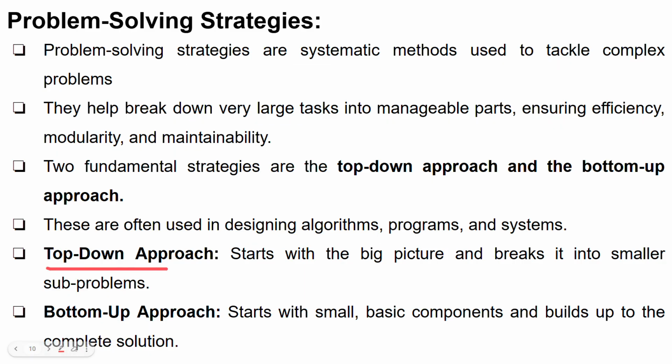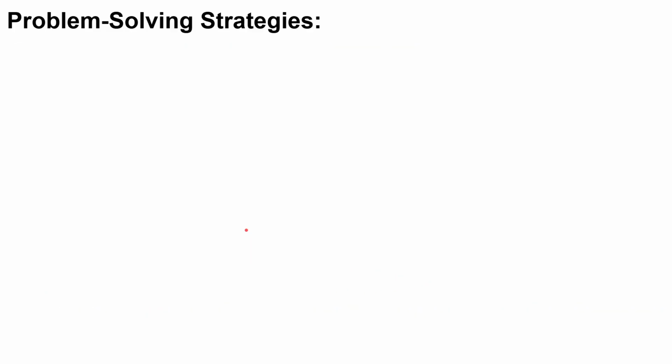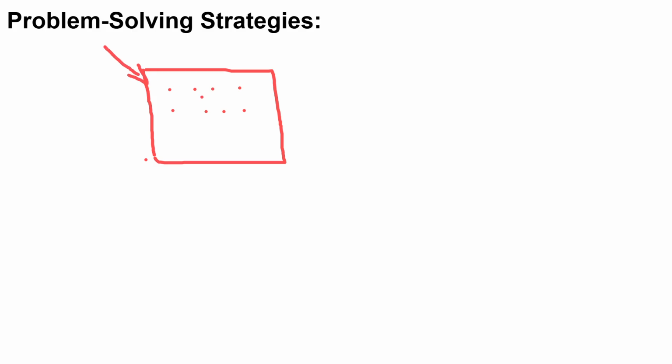First we will see the top down approach. Suppose we have a large complex problem. Here we have an input, and we will know the output of this complex problem.